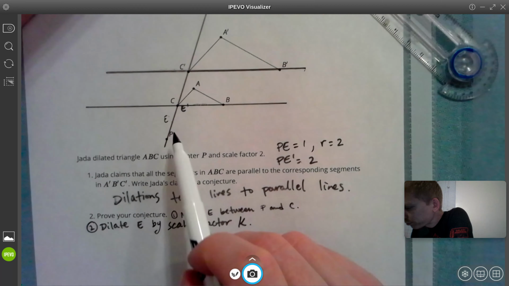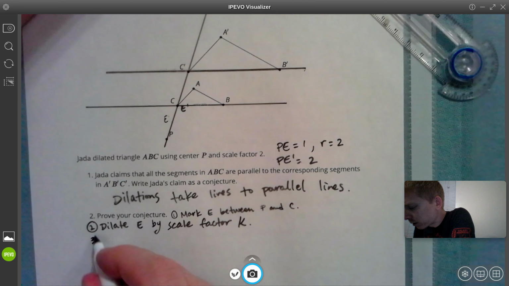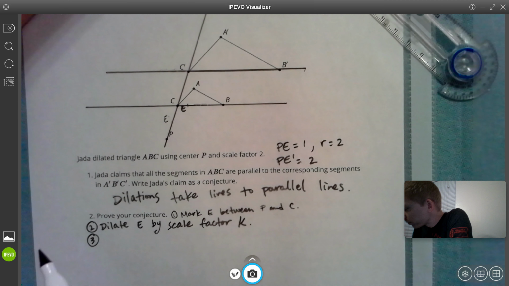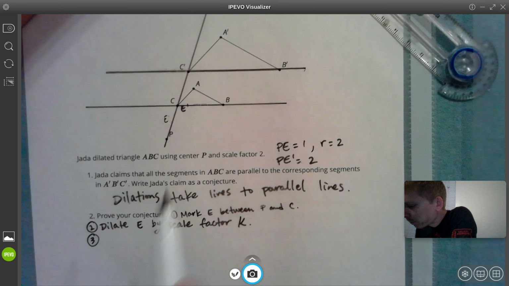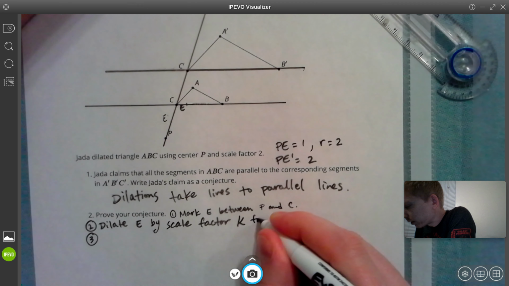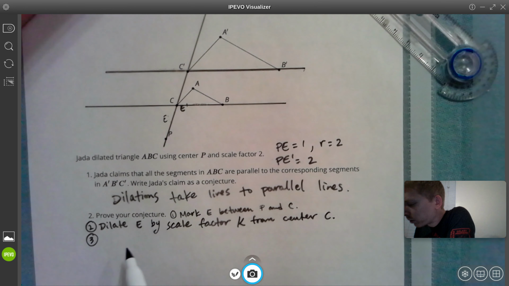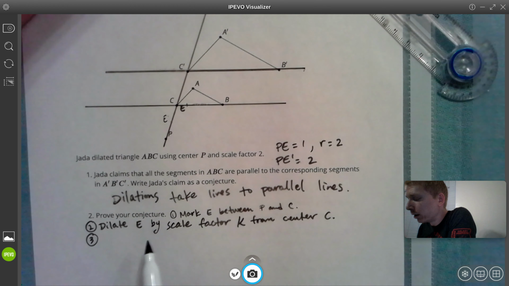So now, if I dilate E, what does this tell me? There's a couple things that I'm going to know about this. Oh wait, dilate E by scale factor K from center C. We've got to write that first. There's a couple things that we know about this dilation. The first is that by the definition of a dilation, C, E, and E prime are both going to be on ray CE.